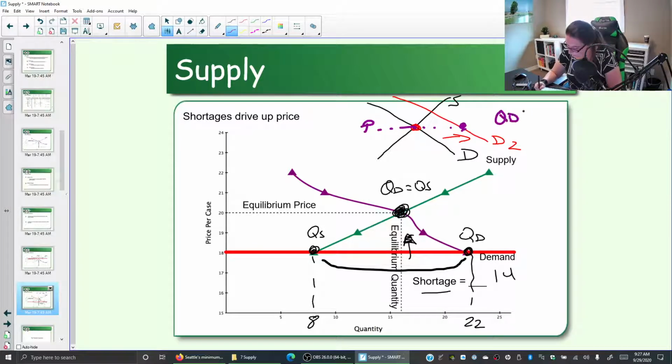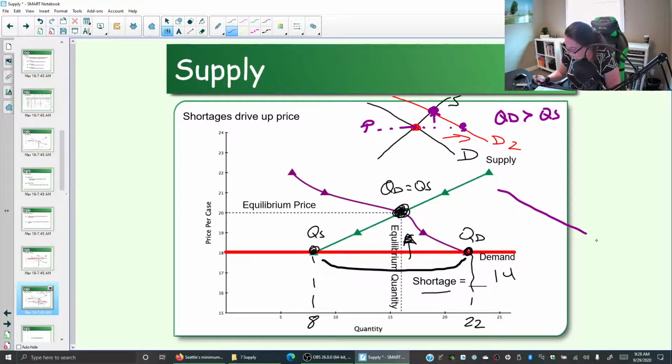And we know when quantity demanded is more than quantity supplied, it drives up the price. So when you start to change things other than price, like income, preference, prices of substitutes, and complements, right? What are the other 6 determinants? They will then find a new equilibrium because that change in demand creates, in this case, the increase in demand, creates a shortage and drives up the price to the new equilibrium.